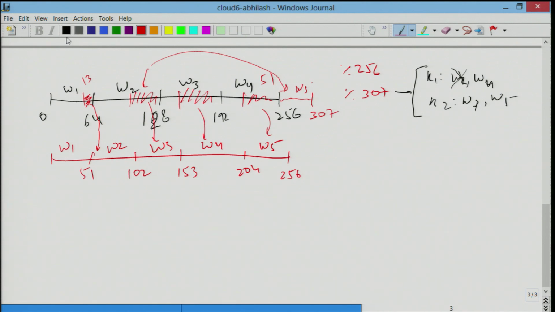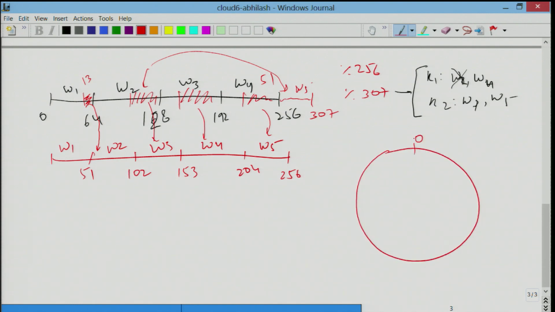Okay, so the other approach is simple: instead of breaking into 4 sections, we will break them down into Q sections. So I will now draw this as a circle.